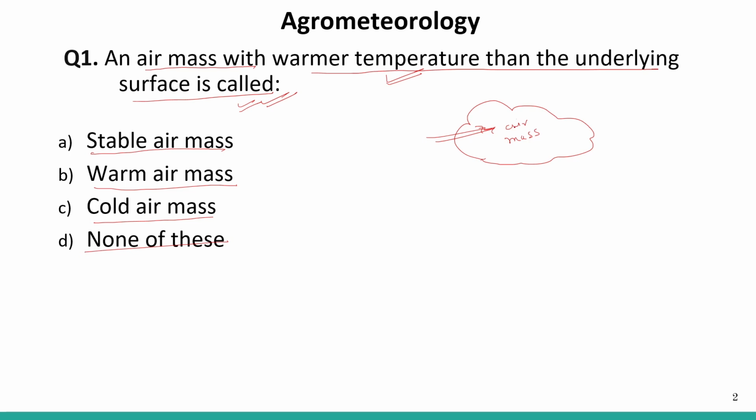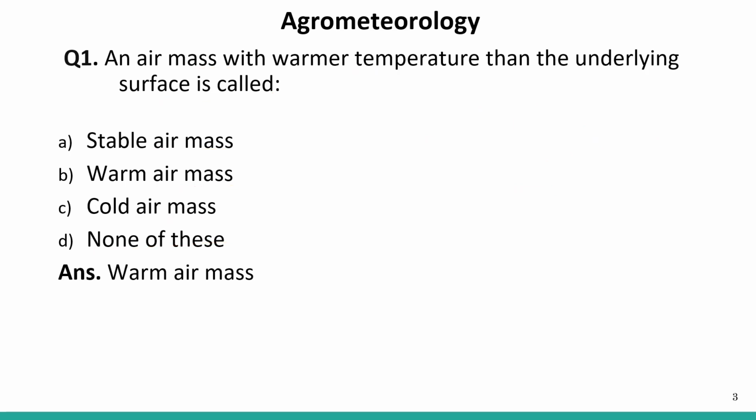So if the air mass is warmer, then the underlying surface will be having the warm air mass. So the correct answer is the warm air mass.